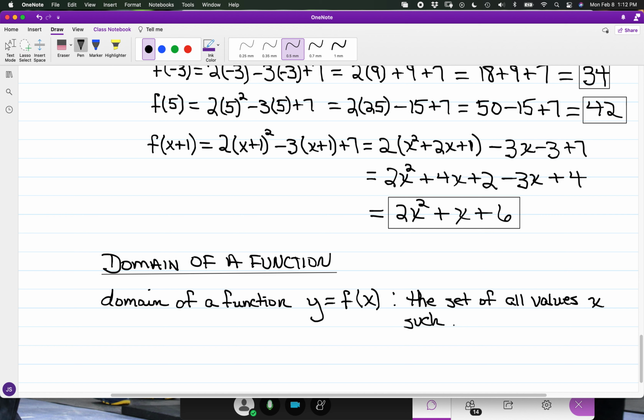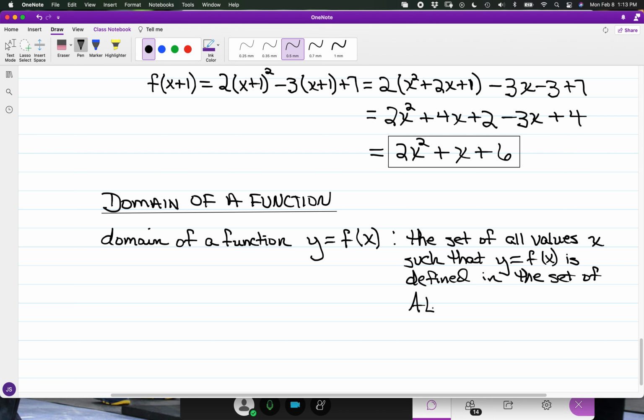So the set of all values of x such that the function itself is defined in the set of all real numbers. Okay, and you probably have heard the phrase several times over, keeping it real.